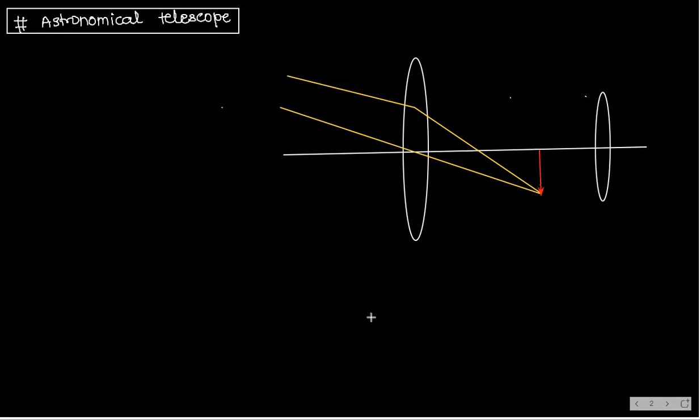This is your first image, and now this image will behave as an object for this lens, and when you are watching from this side, the rays are going like this, and the final image is getting formed somewhere here.